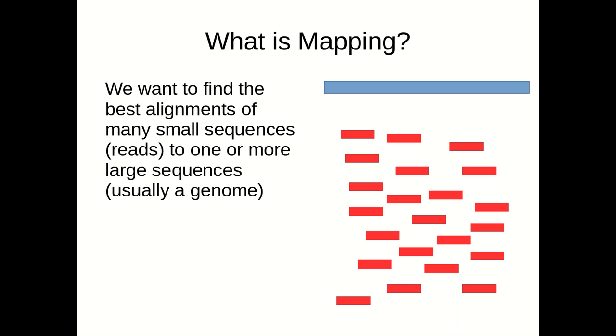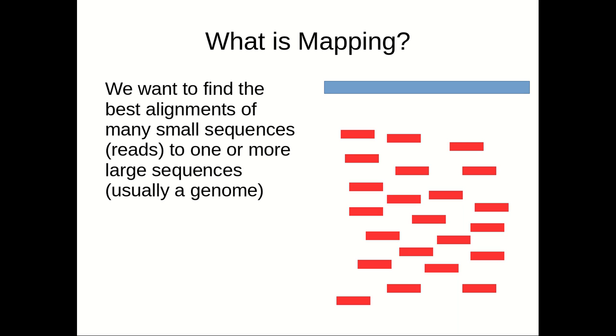Well, mapping is a case where we have many small sequences, in our case, sequencing reads, and then we have one or more large sequences. So this can be chromosomes in a genome, parts of the transcriptome, a number of things.